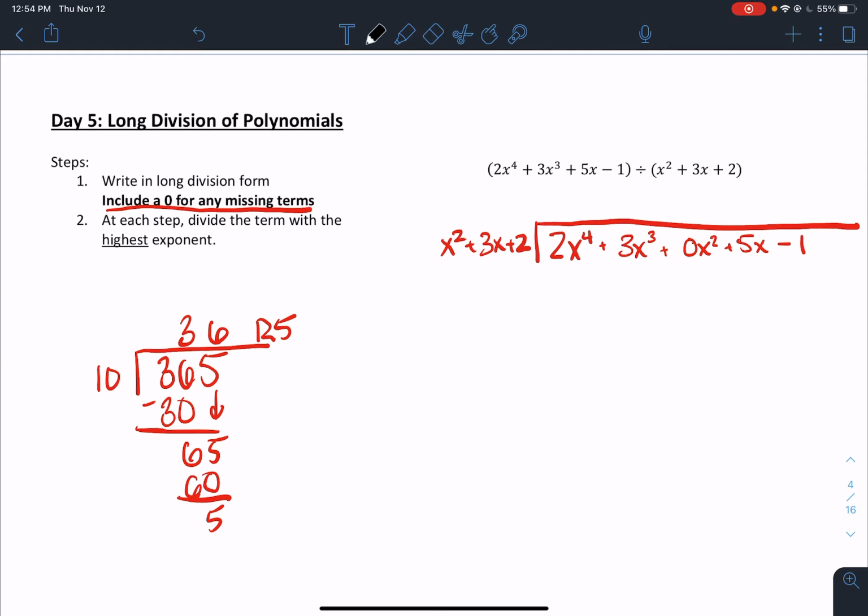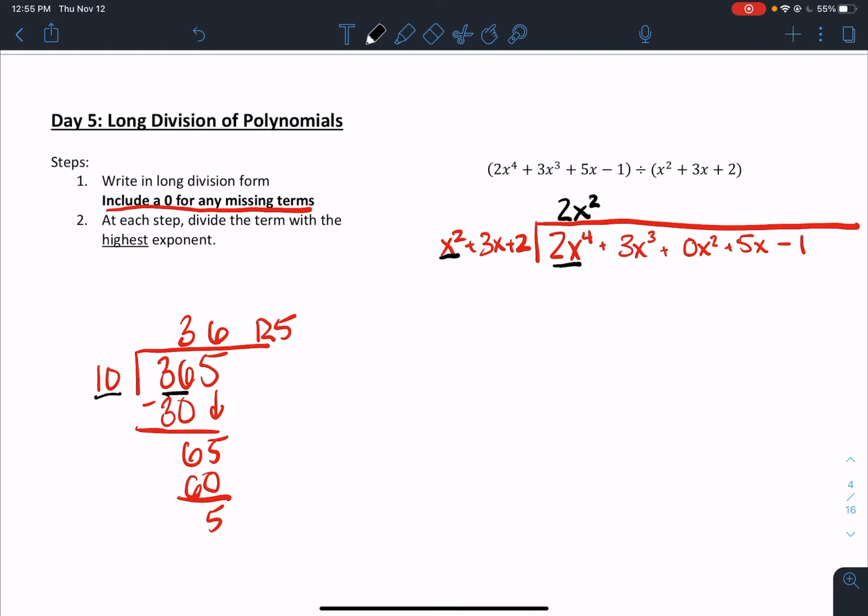All right, so just like how I said, how many times does 10 go into 36, I'll say, how many times does x squared go into 2x to the 4th? And it goes in 2x squared times. If you're having a hard time figuring it out, I might say to myself, what do I need to multiply x squared by to get 2x to the 4th? Well, I need to multiply by 2x squared.